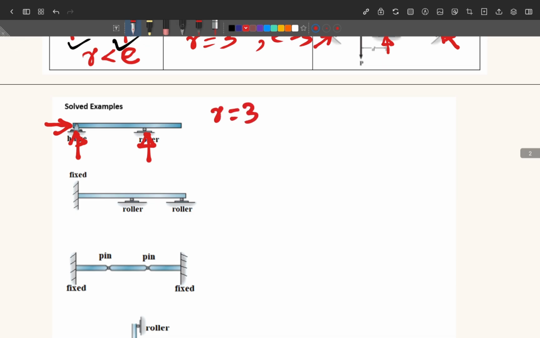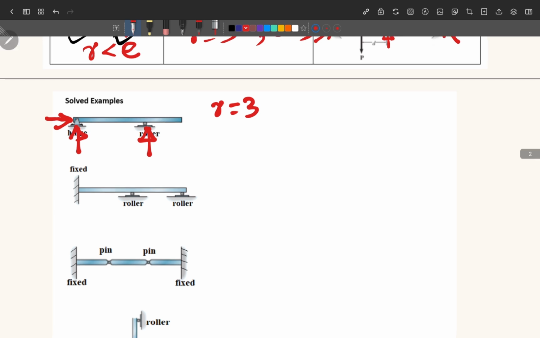And to check for the stability, we first of all check that the reactions, which are 3 in number, are not all parallel, and reactions are not less than the number of equations of equilibrium, because this rigid body will have how many equations? Equations equal to 3.